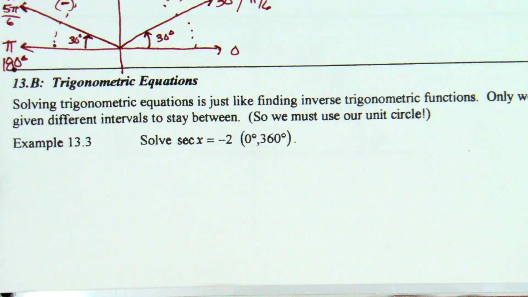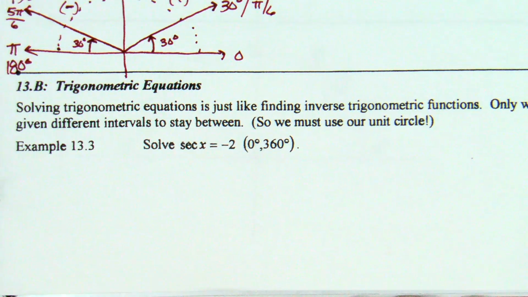So, thoughts on that equation, secant x equals -2. Okay. Secant is 1 over cosine. Or a different direction that I might go with this. Well, okay.